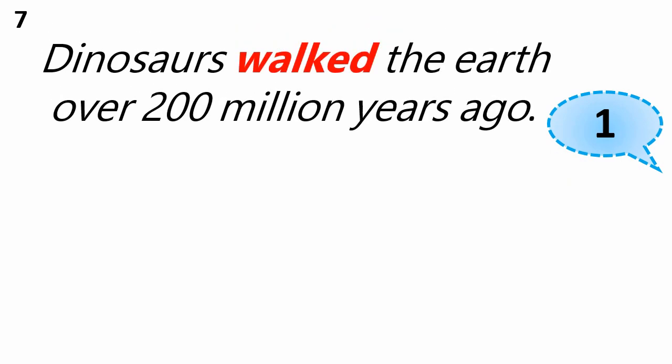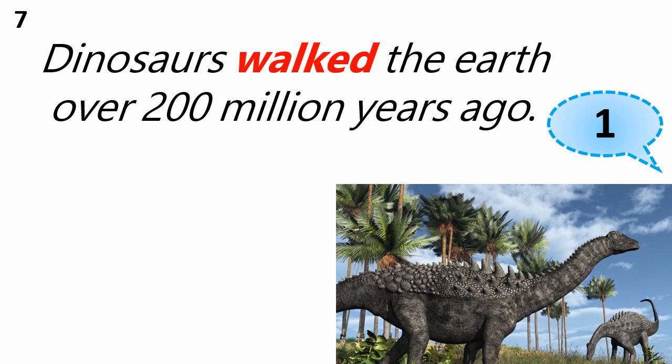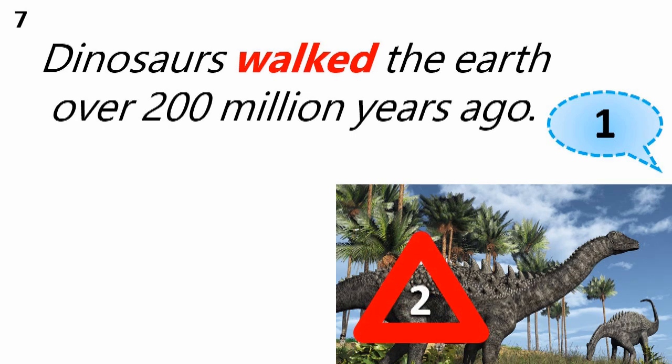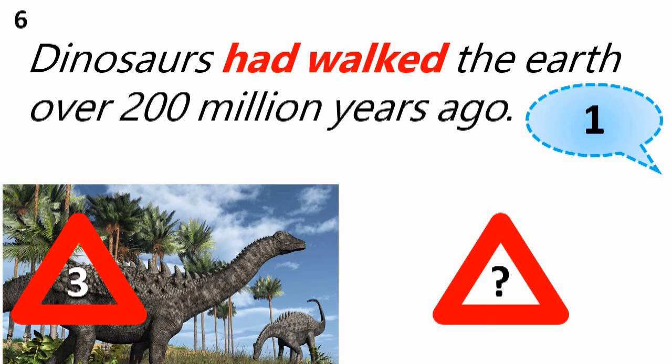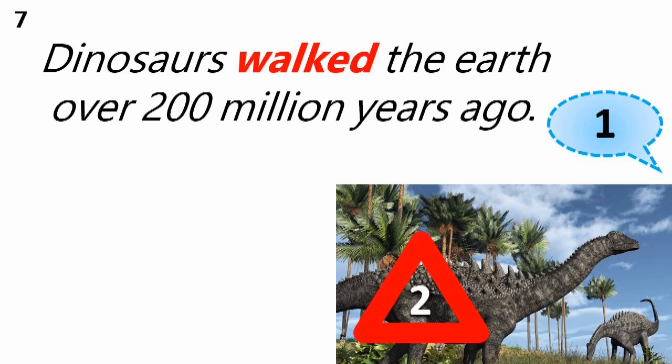Dinosaurs walked the earth over 200 million years ago. Example 6 is a mistake because ago means before the time of speaking, and because there is no other red action mentioned after it, only example number 7 is correct without more context.